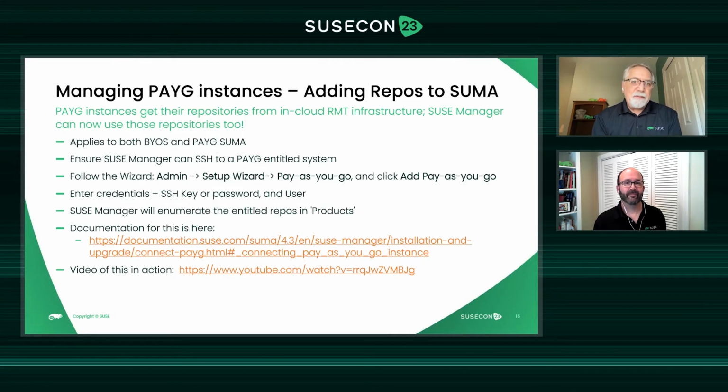They just show up in the channels once you have gone through this process on the SUSE Manager server side. So you have to be able to SSH from the SUSE Manager server to one of these entitled systems, and there's a setup wizard for pay as you go, and you click on add pay as you go client.